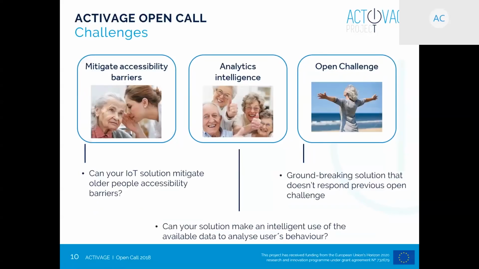And in the document that we have created, like a guide for the applicant, you can see all the challenges in more detail. And one important thing is that there is an open challenge where, if your solution doesn't match a specific challenge, you have the opportunity to apply to this open challenge and explain what is the impact that you expect with these solutions in these new needs.